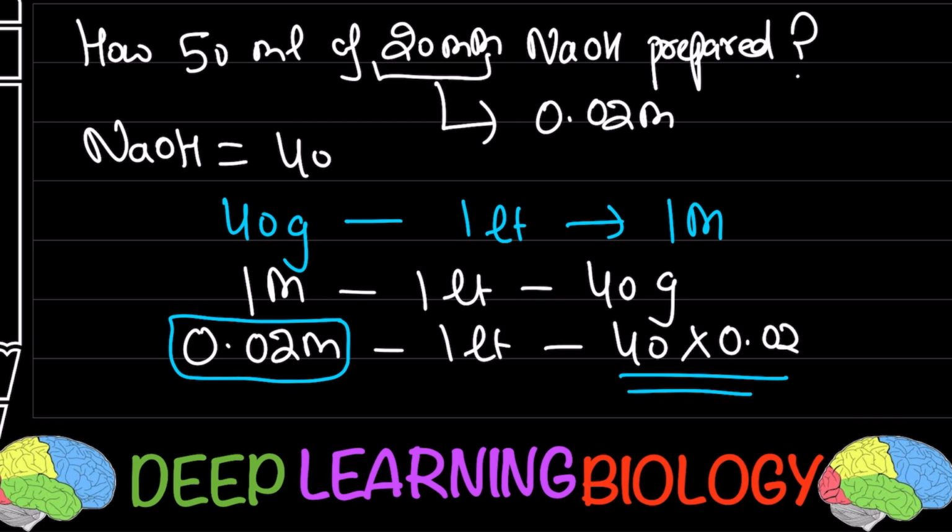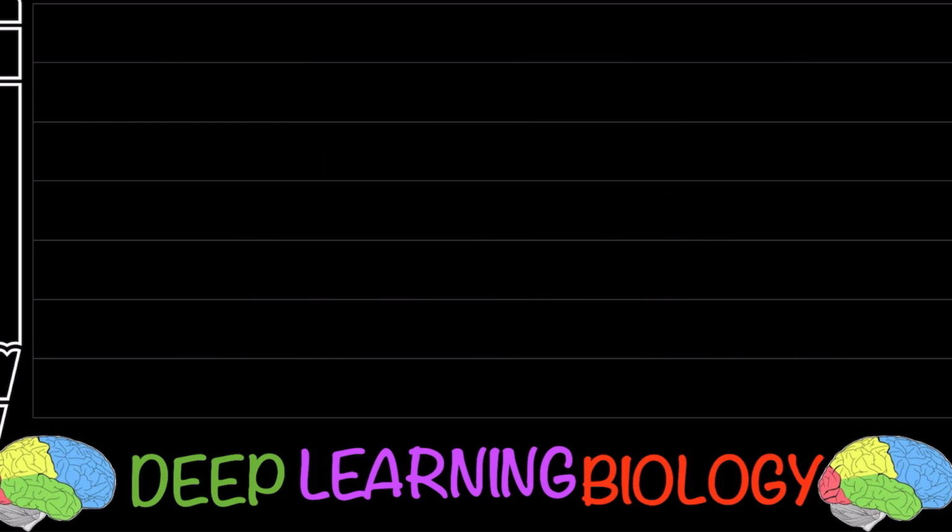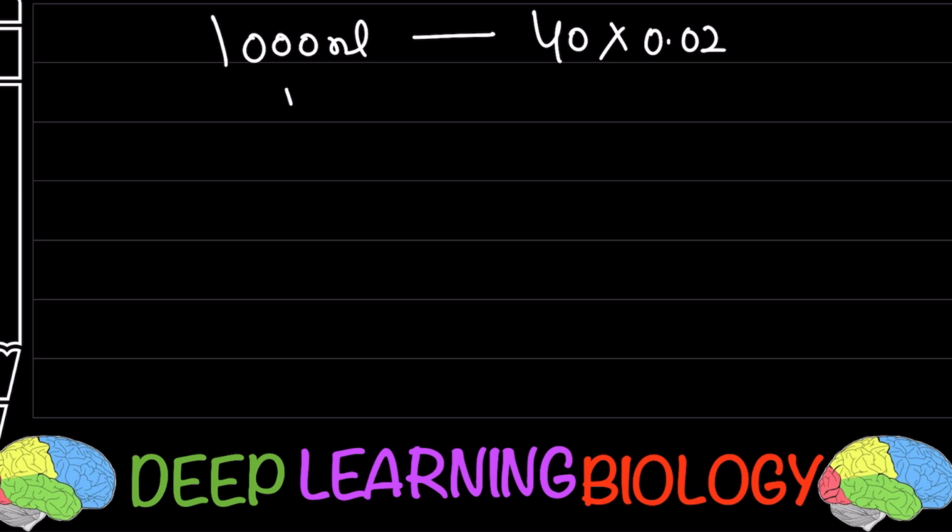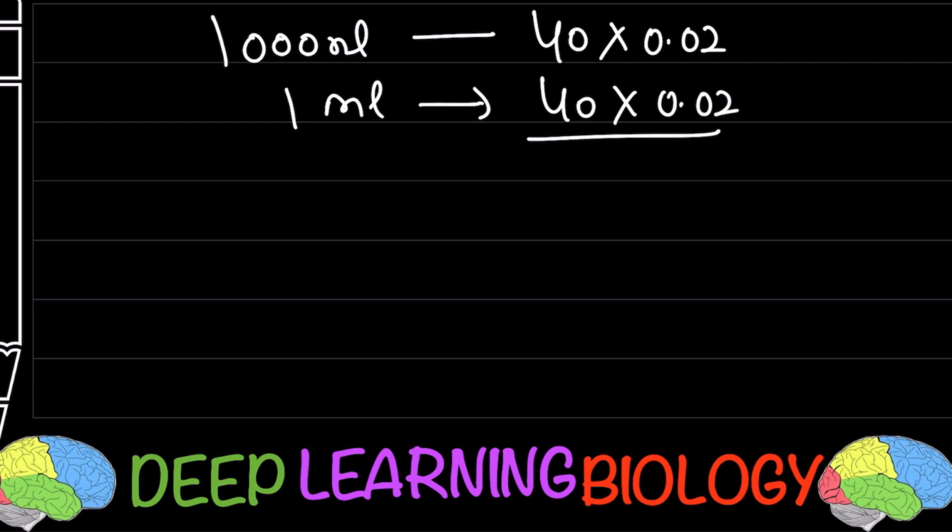This tells you the amount to be dissolved in 1 liter. 1 liter has 1000 ml. So for 1000 ml, the amount required is 40 into 0.02. For 1 ml, it is 40 into 0.02 divided by 1000.